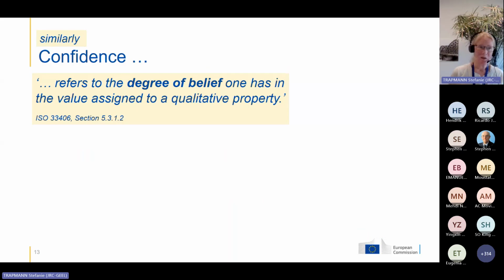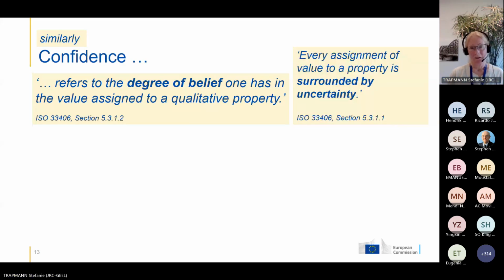So therefore, similarly in ISO 33406, we use confidence instead of uncertainty, and we use confidence to express the degree of belief that we have in the assigned qualitative property value. Of course, it is a fact that any assignment of a value to a property is surrounded by an uncertainty.